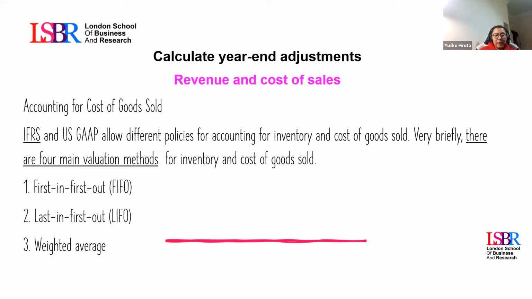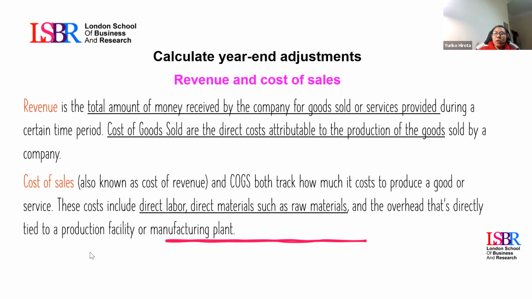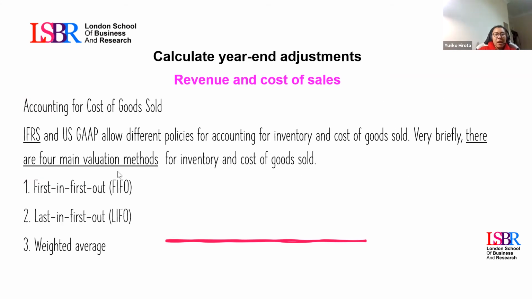Those regulations require a method of valuation in terms of recognizing the cost of sales. One of these is first in, first out. The other is last in, first out. And the third one is weighted average.